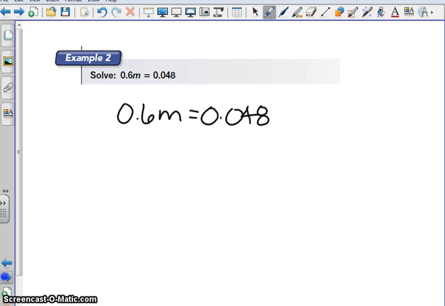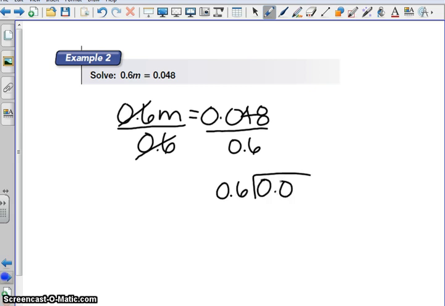And remember, we're going to isolate the variable again by dividing 0.6 from both sides. 0.6 goes into 0.048. Thinking about the decimal chart, remember we do over, up. So it's 0.48.